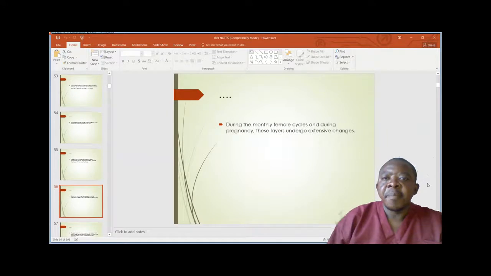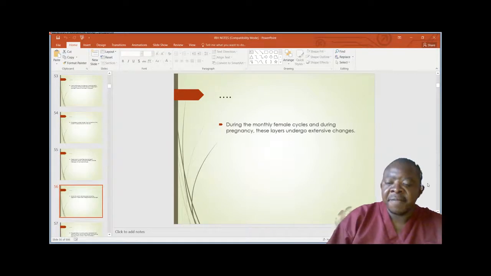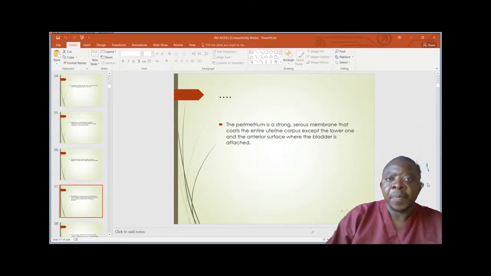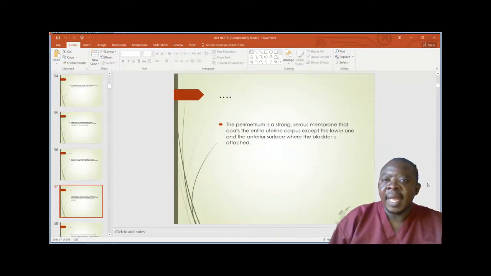During the monthly female cycles and during pregnancy, these layers undergo extensive changes. The perimetrium is a strong serous membrane that coats the entire uterine corpus except the lower one and the anterior surface where the bladder is attached.